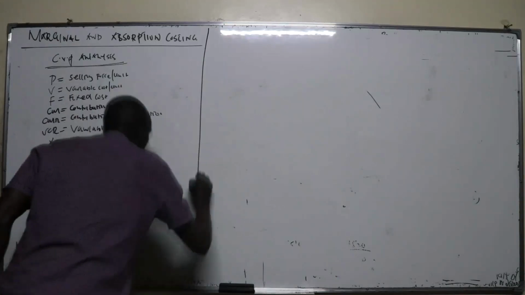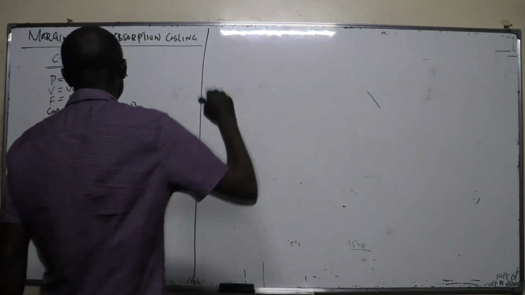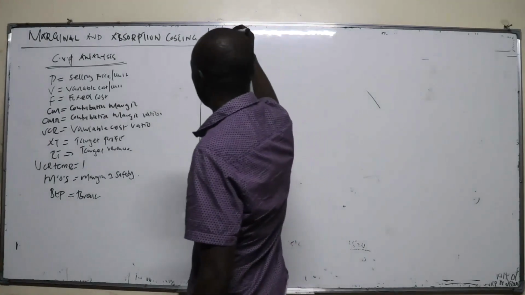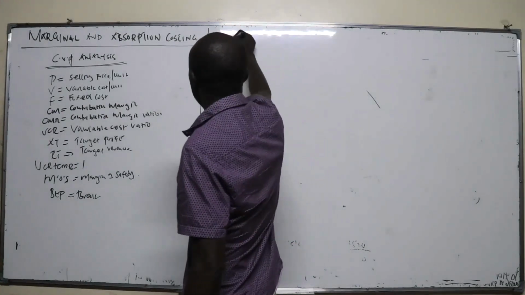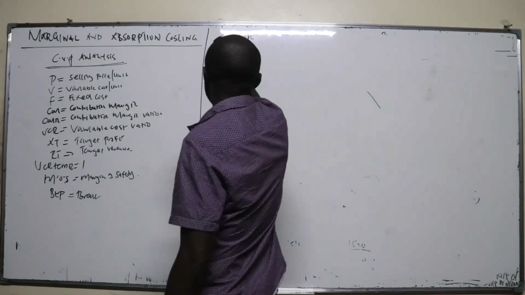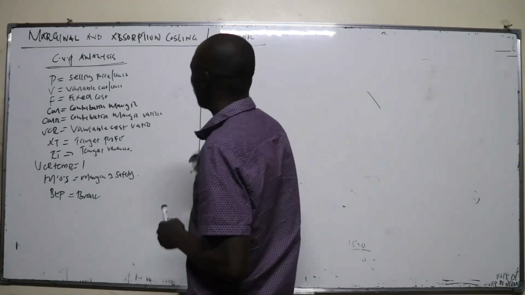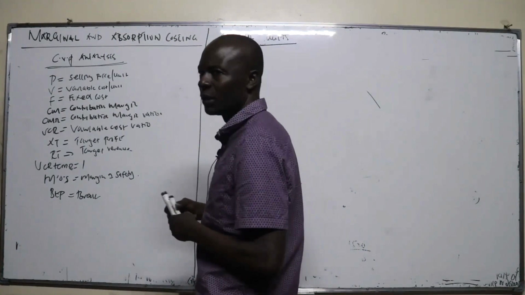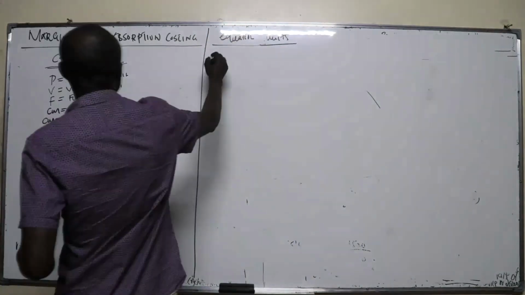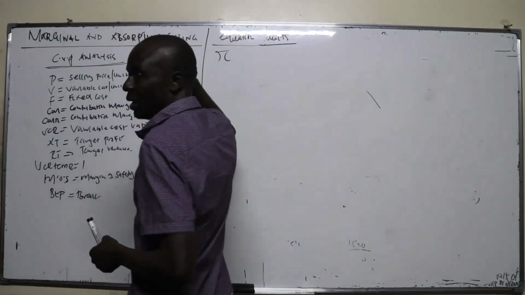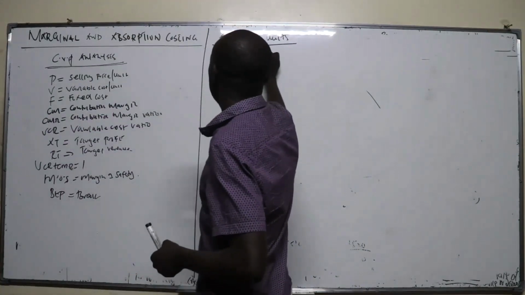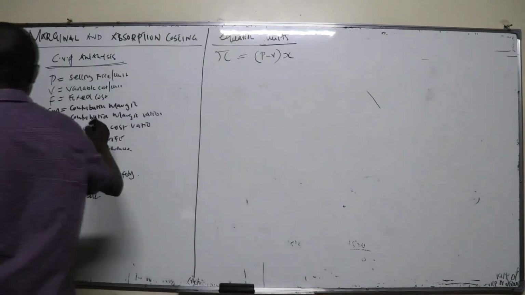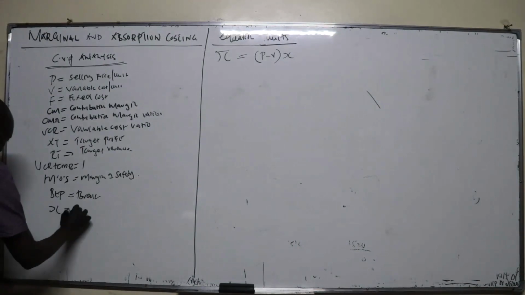Now, there are equations that you need to know. We have four equations that you need to know under CVP analysis. We have equations in units, and the first equation is the profit. The initial for profit is pi. Profit is equal to P minus V, and then you multiply by X. I had forgotten here, X stands for units produced and sold.